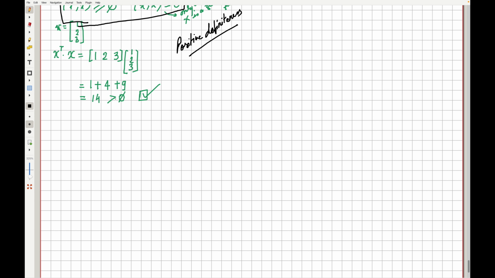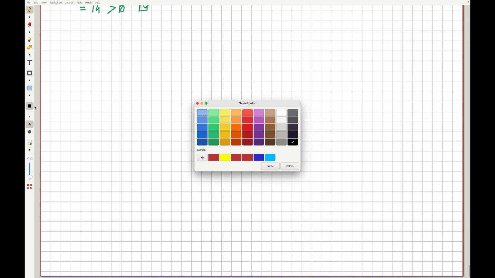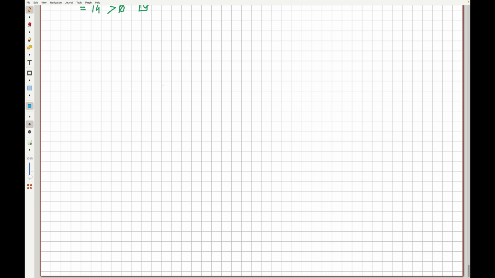What we'll do now is move on and look into some of the use cases of these dot products or standard inner products.